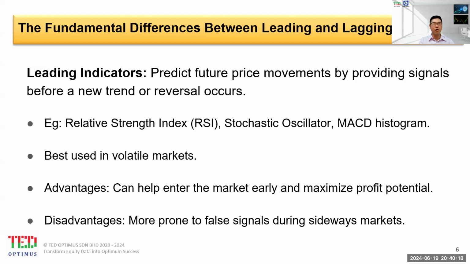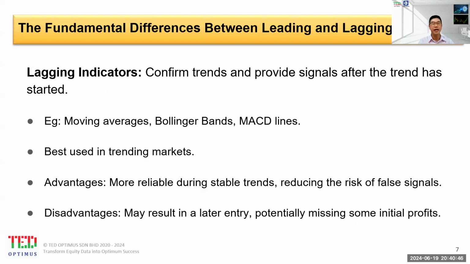A lot of people think that false signals come from the syndicate, 庄家, a fake signal created by machine algo trading, but they don't realize that maybe they are using an unsuitable signal for the market condition. So this is for leading indicators.